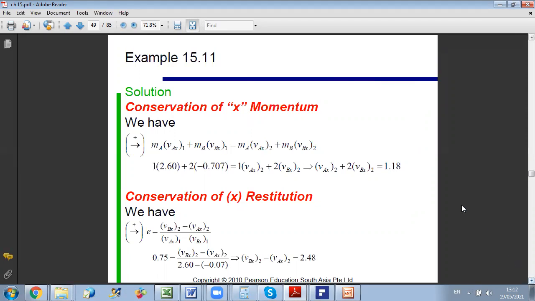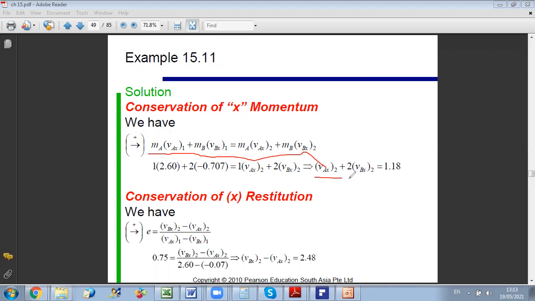So first I can apply the conservation of linear momentum along X: MA VAX at state 1 plus MB VBX at state 1 equals MA VAX at state 2 plus MB VBX at state 2. So I replace VAX1 and VBX1 by their values. Then I am left with one equation with two unknowns. This is my equation number 1 relating X components.